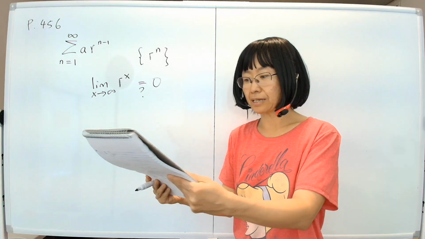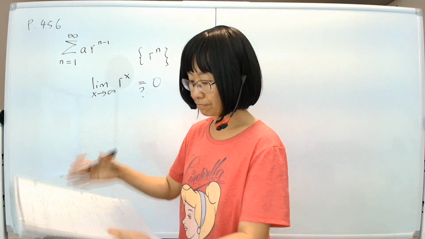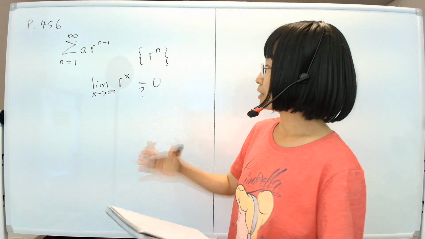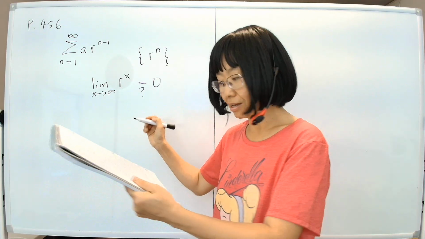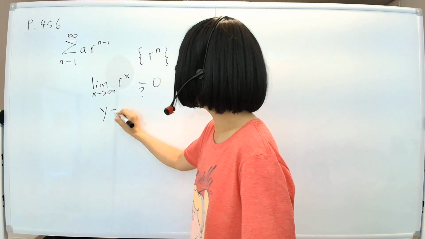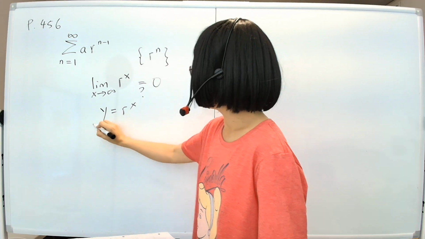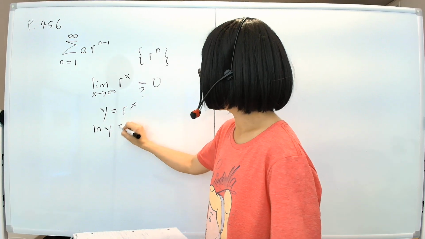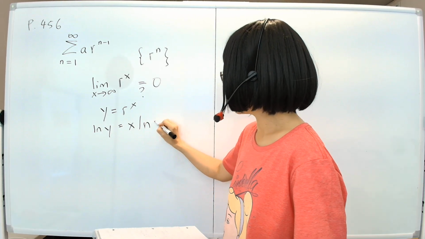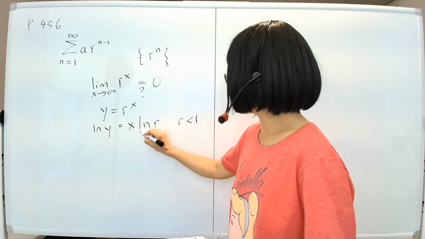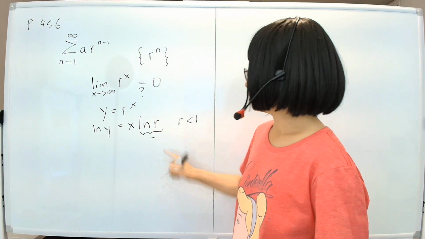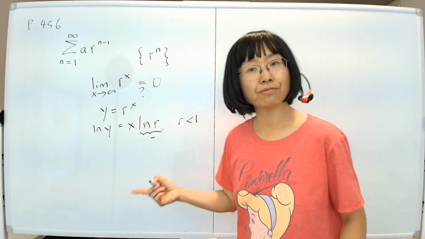To prove this, we're going to use the standard trick of the natural log. So we let y equal r to the power x, then natural log of y equals x natural log of r, where r is less than 1, which means this thing is negative, right? The natural log of a number that's less than 1 is negative.